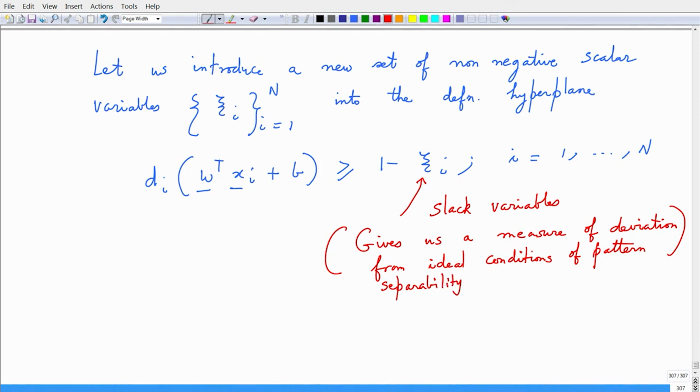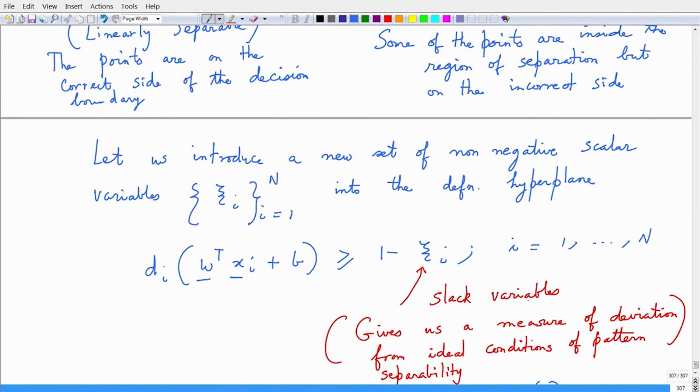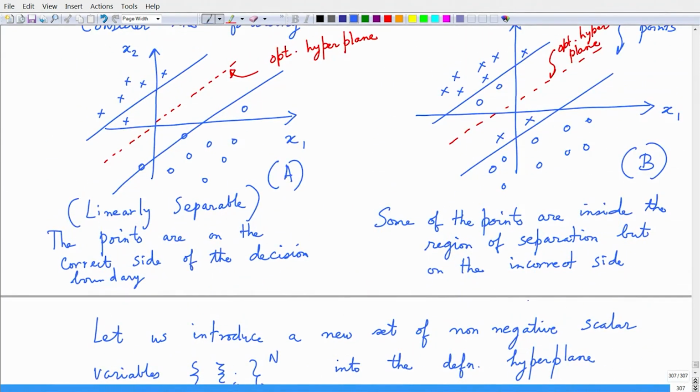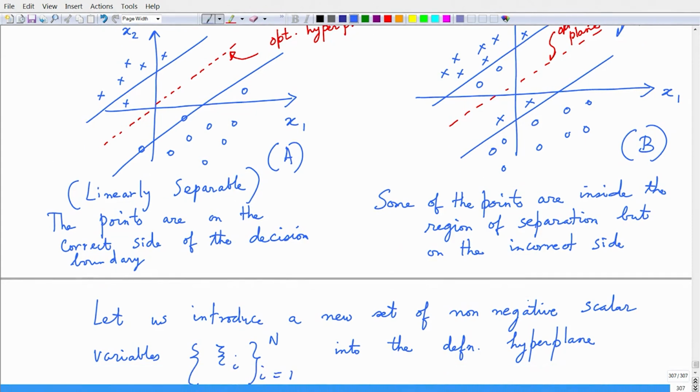So, there are two cases that we can imagine. For zeta_i between 0 and 1, this is case A, which is here, that is, the points are on the correct side of the decision boundary.